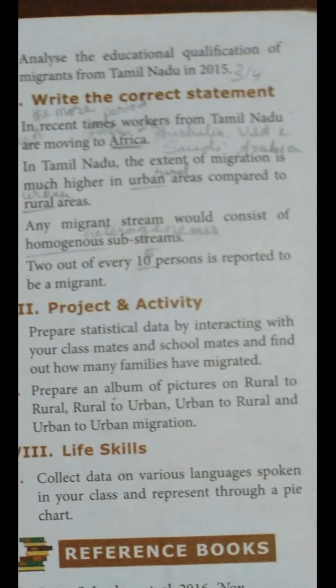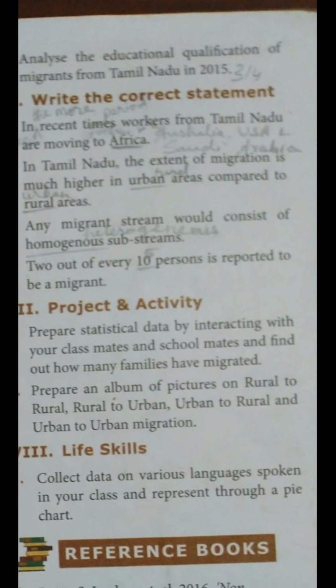Once again, I am reading that answer. In the more recent, cut that word times and write period. Okay, period. Workers from Tamil Nadu, cut the word are and write have been moving to, instead of Africa, you want to write countries like Australia, USA and Saudi Arabia.